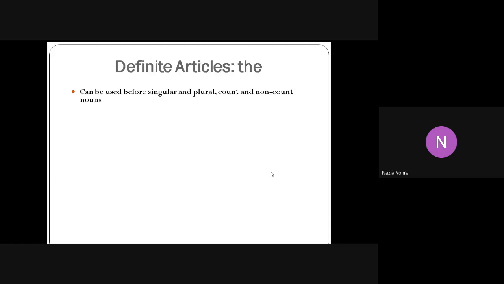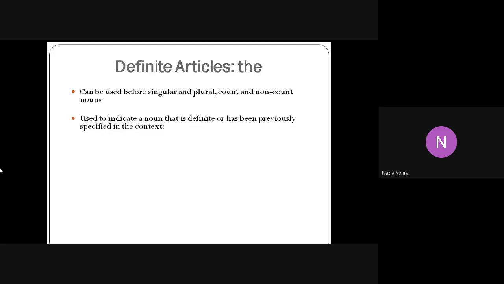Okay. So, now let's move to the next article, which is the definite article called the. This can be used for both singular and plural, count and non-count nouns.